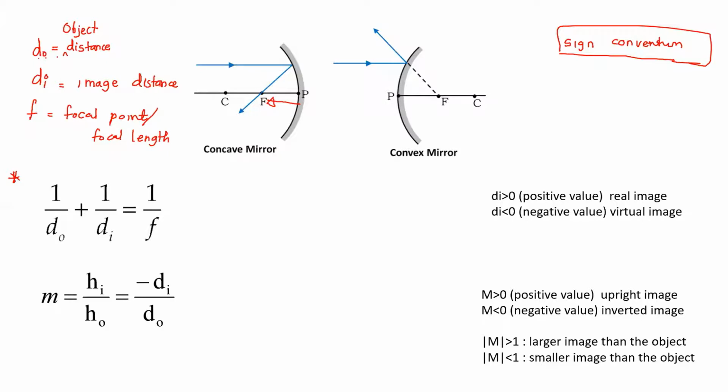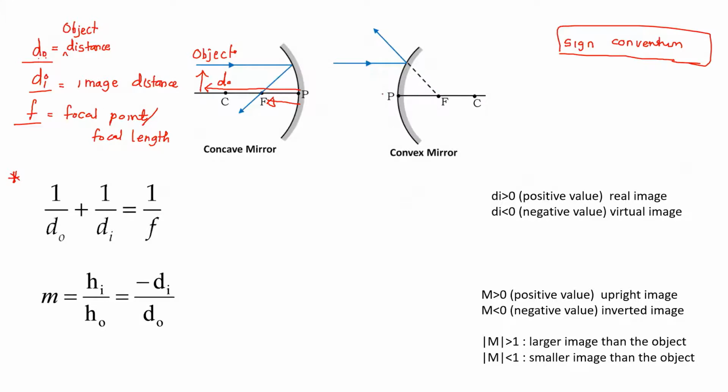Okay. So all these distances are the distance from the point P or from the lens. Okay. So if you have an object here, this distance from point P to your object is D naught. Okay.